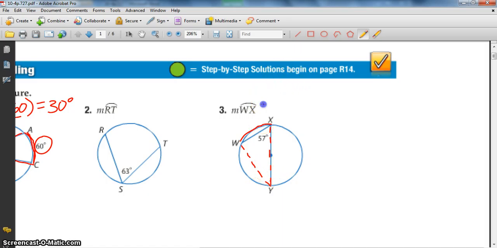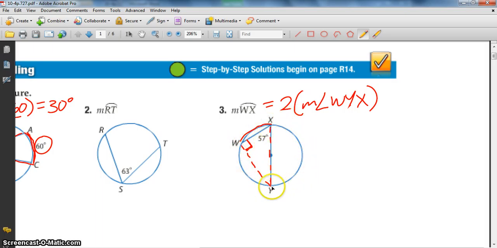So the measure of arc WX is equal to 2 times the measure of the inscribed angle WYX. So to find WYX, anytime you have a triangle which has a side that is the diameter, then it's going to be a right triangle. Basically because the inscribed angle is half of its intercepted arc.